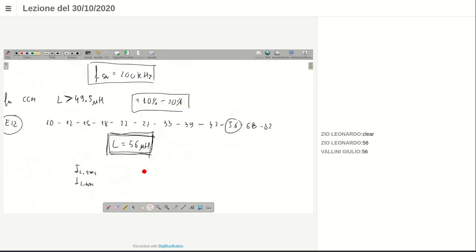So we can say, as a requirement for our inductor, the IL RMS should be larger than 2 amps.